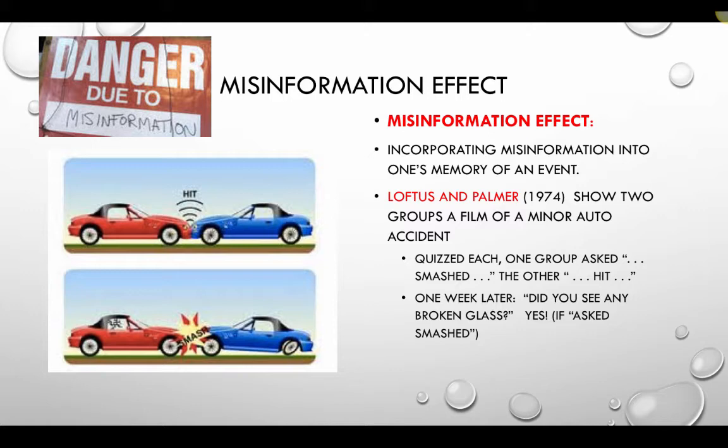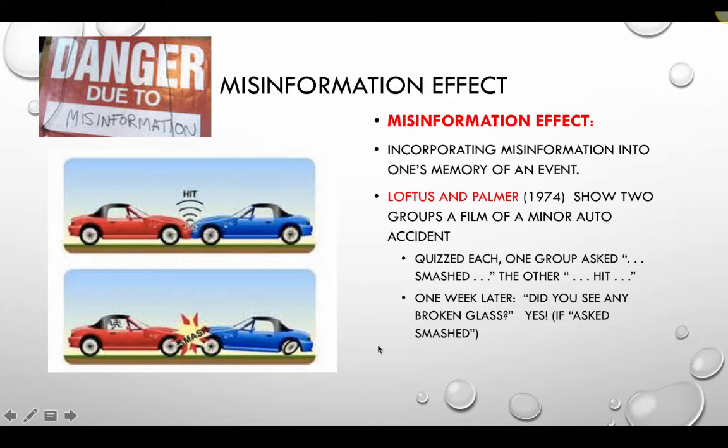And they were each quizzed about the accident. Some of the group members in one group were asked, how fast do you think the cars were going when they smashed each other? Another group was asked, how fast were the cars going when they hit each other? And then a third group was asked, how fast were the cars going when they contacted each other?